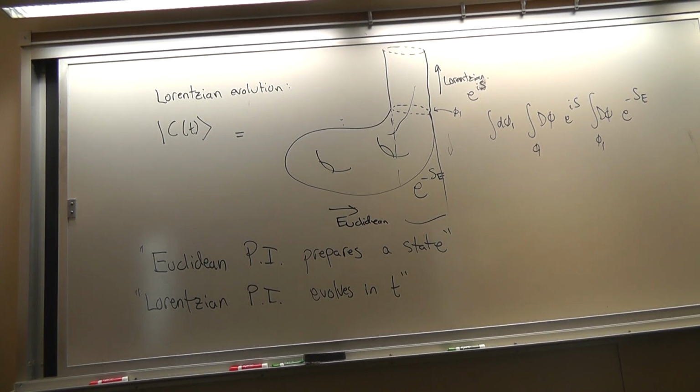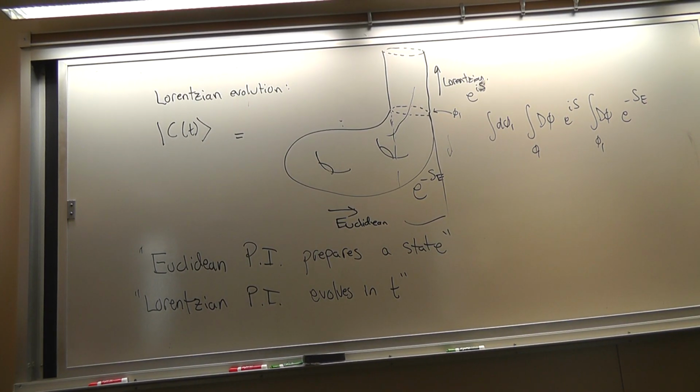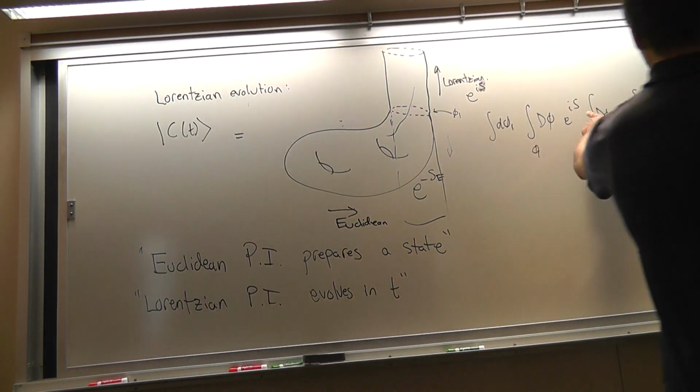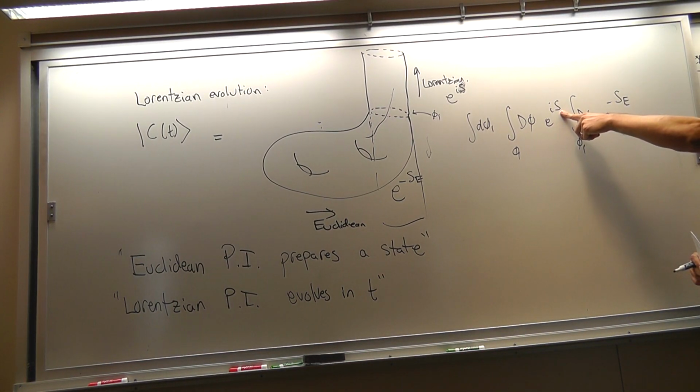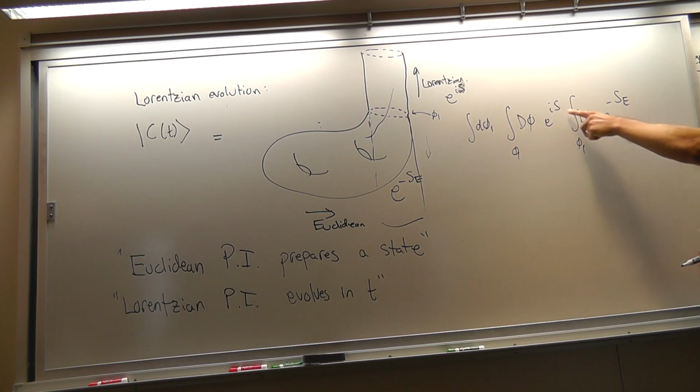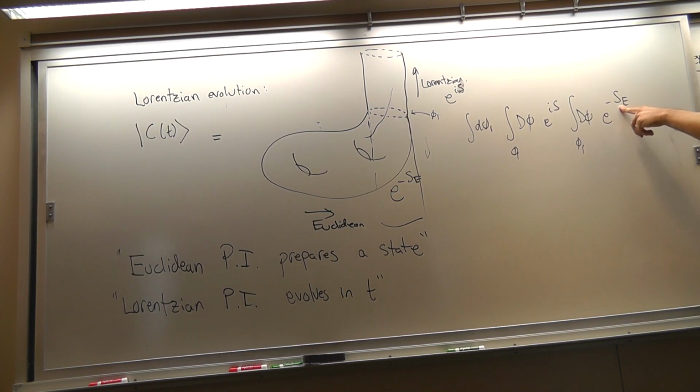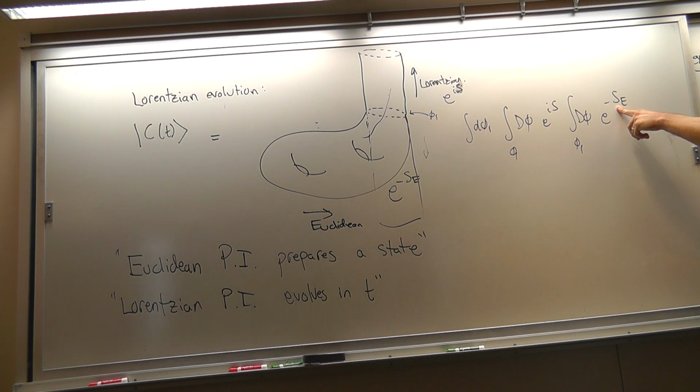Does the signature of the metric change across that Euclidean set? Yes, it does. That's built into the fact that the ordinary Lorentzian action is one with a Lorentzian signature metric, and the Euclidean action is one with the Euclidean signature metric.